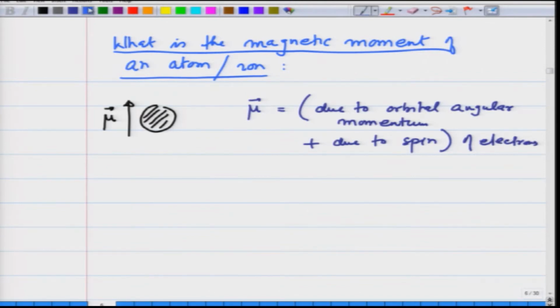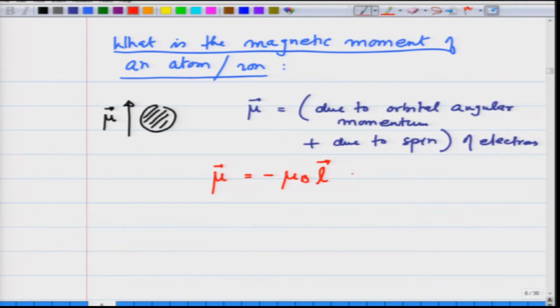Now, if you recall your atomic physics or go back to your 12th grade, where we had defined mu due to angular momentum, it comes out to be mu B times the angular momentum of the electron, and there is a minus sign in front.